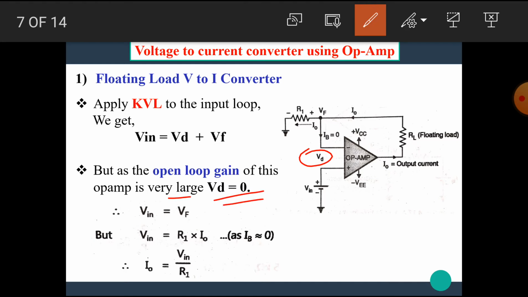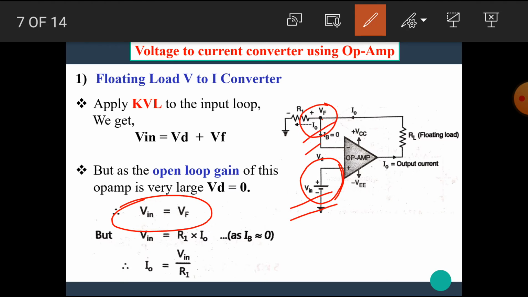Hence we can write Vin is equal to Vf. We write Vin is equal to Vf due to the virtual ground concept. We learned already that the virtual ground concept says the voltage at this Vf point is almost equal to the voltage at this point. Hence, we write Vin is equal to Vf. I hope you all remember the virtual ground concept.